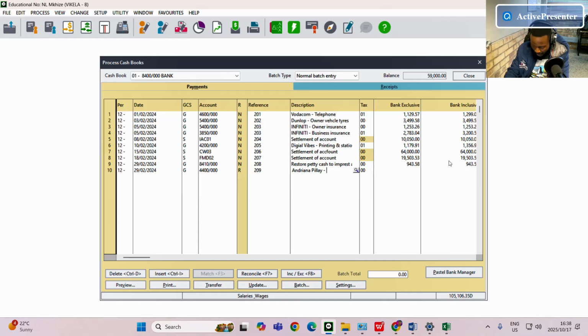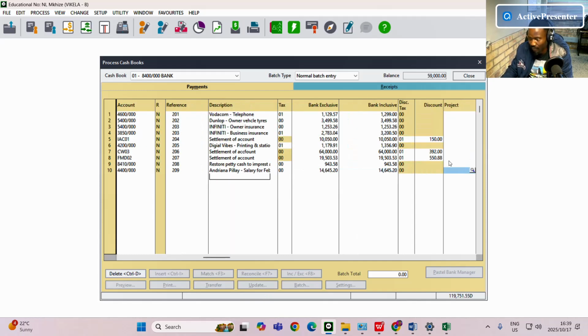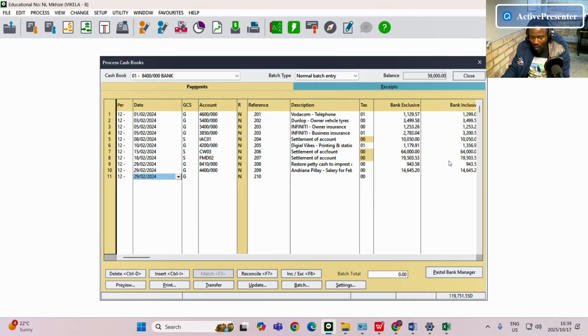Then salary for Feb. Obviously, there's no VAT involved when it comes to salaries and wages, but you need to confirm on the addendum. It's 14,645.20. Okay, still the 29th, yes.